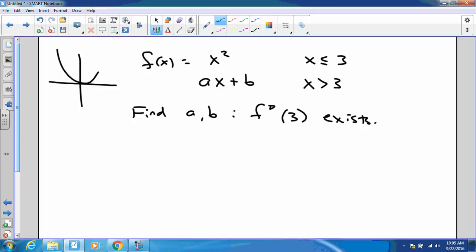But I think it's fairly clear from the preceding discussion that if this is going to work, then my straight line and my parabola are going to have to link up, in other words, be continuous, and also go in the same direction. Derivatives from left to right will have to be the same. So now let's consider, first of all, continuity.